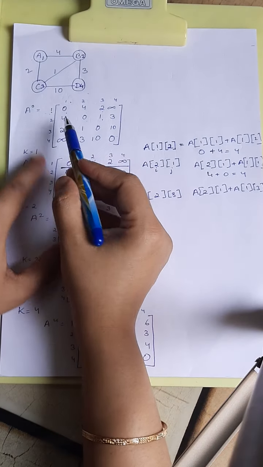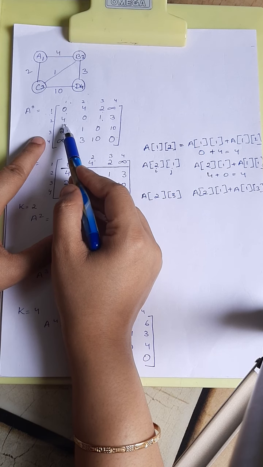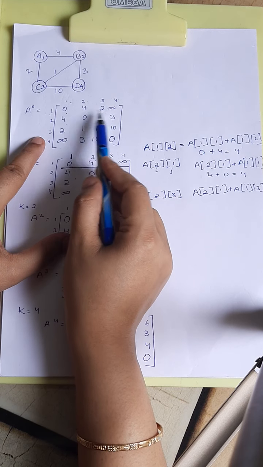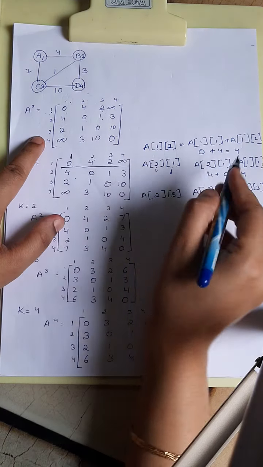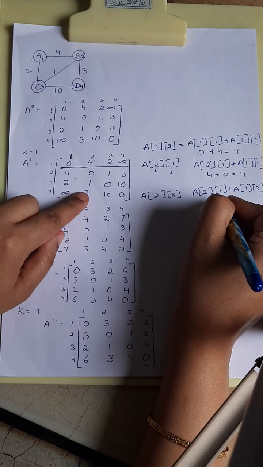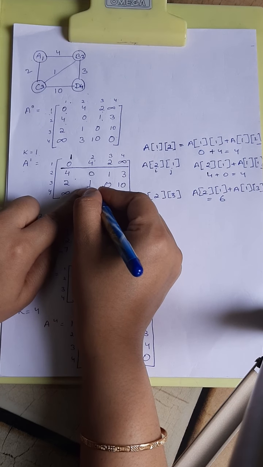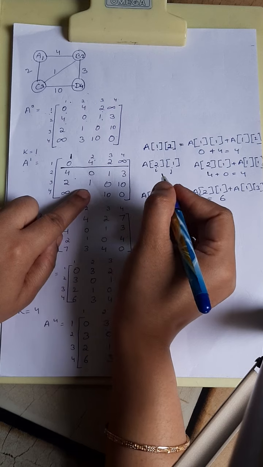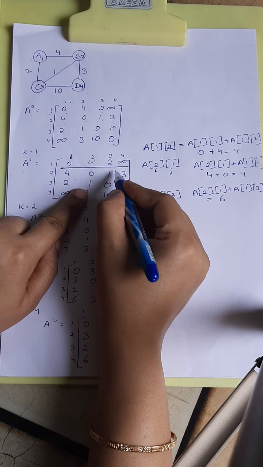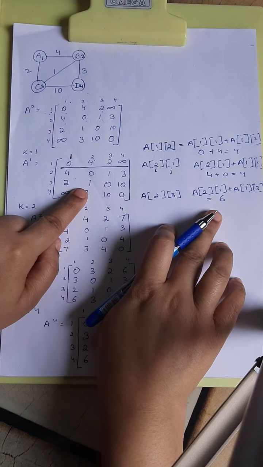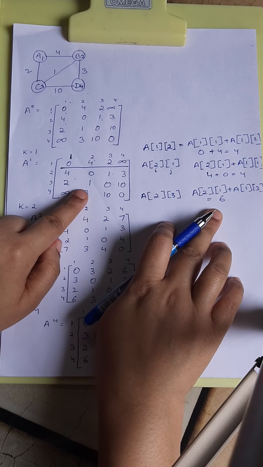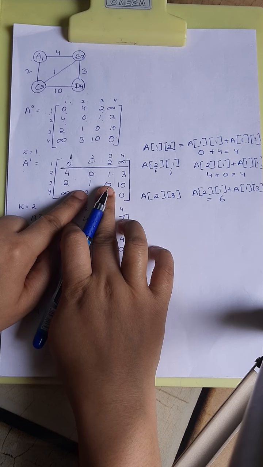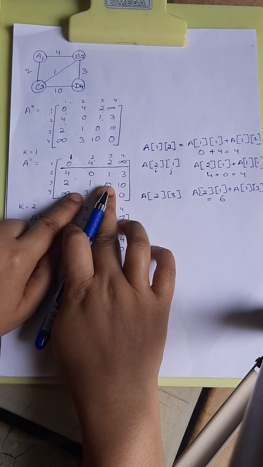So what is the value of 2 1? 2 1 value is 4 and 1 3 value is 2. So it will be 4 plus 2, which will be 6. As 6 is greater than the value which is written over here, we are not going to touch it. 2 3 value is 1 and here value is coming as 6. We have to compute the shortest path, so we are not going to replace it by 6. It will remain 1.